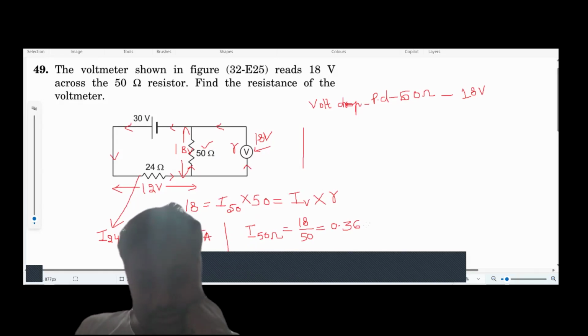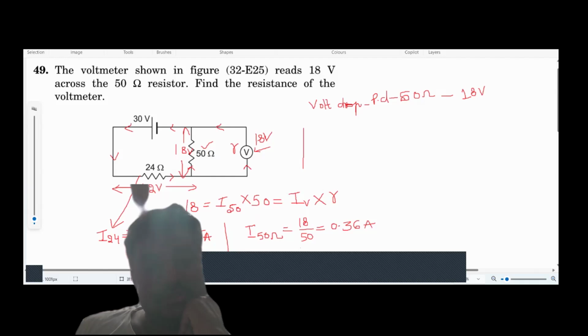So you got 0.36 amp. And the voltmeter current IV is I total minus I50.